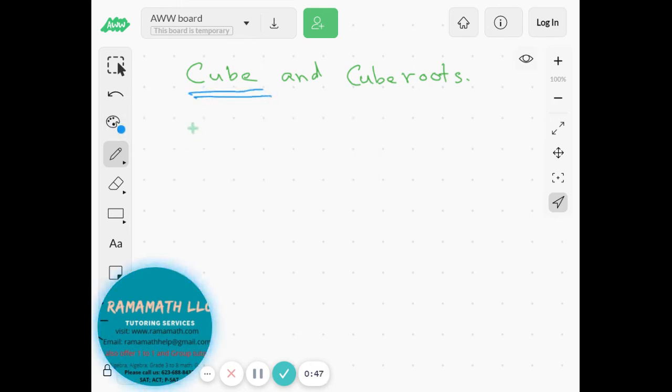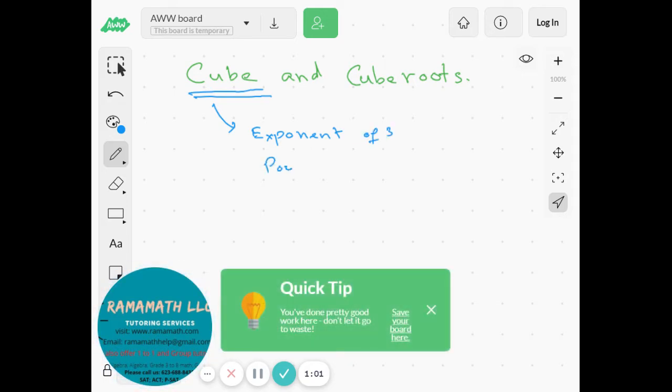So the cube is our simple name or special name for the exponent of 3. Cube means exponent of 3, or power, raised to 3. For example, if I say 2 cubed, this little 3 on top is called cube.